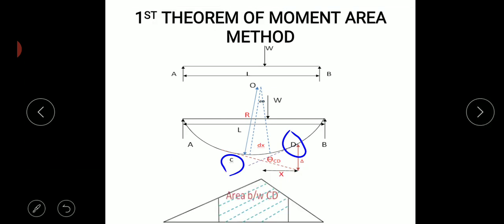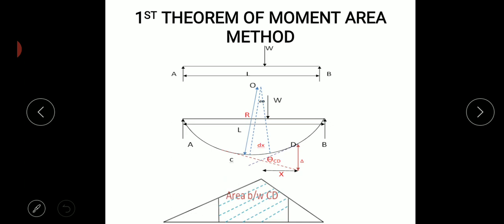So dx is an elementary length between the points C and D, which is considered in between the supports A and B.